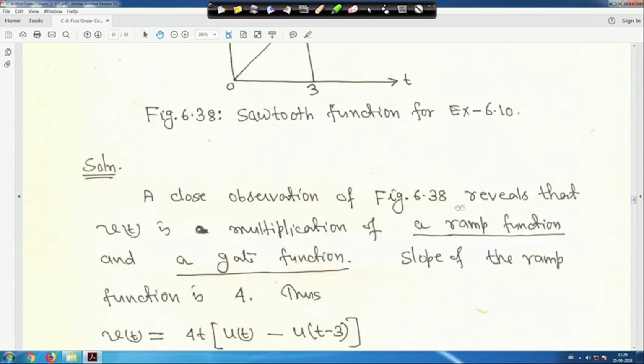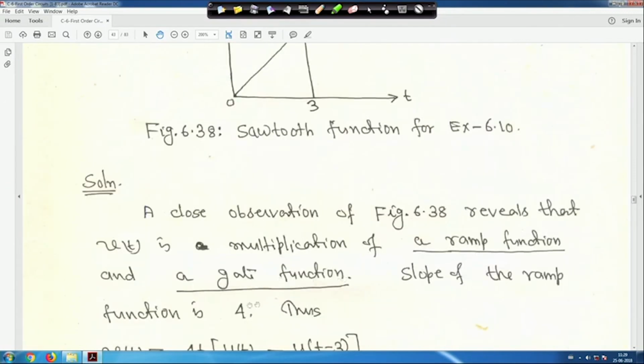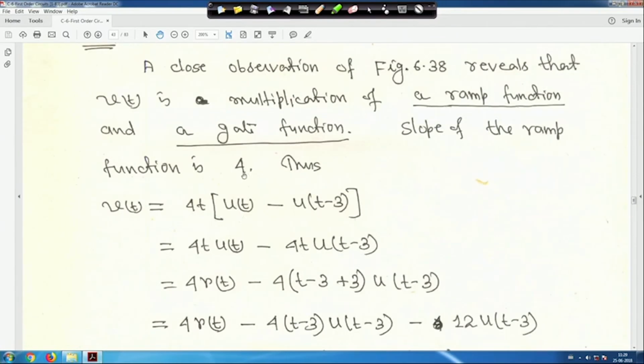A close observation of the figure reveals that v(t) is a multiplication of a ramp function and a gate function. The slope of the ramp function is 4, as I told you, therefore v(t) will be 4t times u(t) minus 3, right.